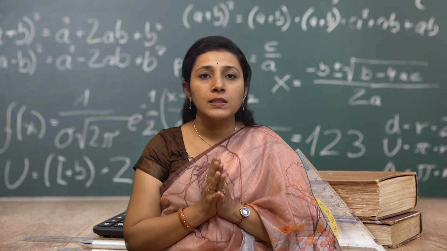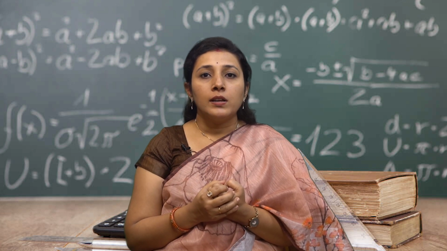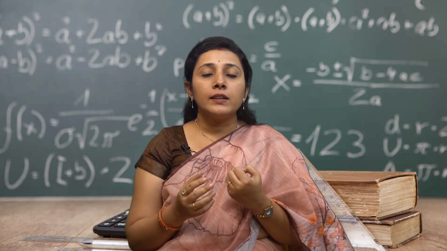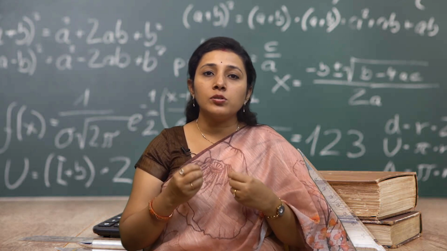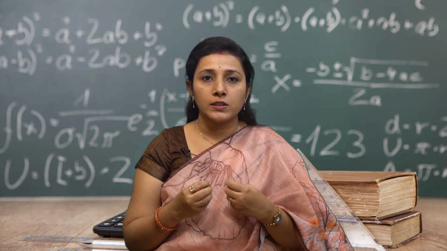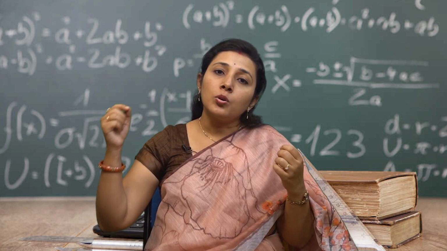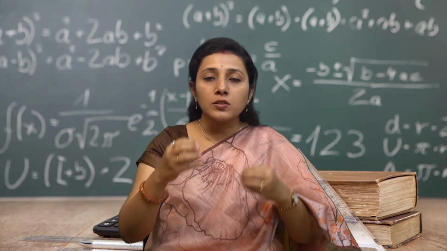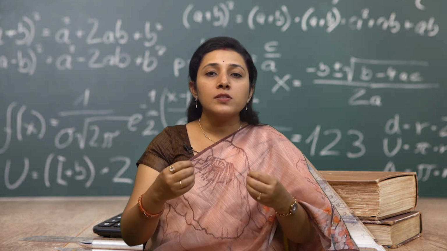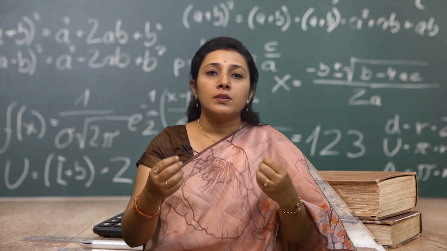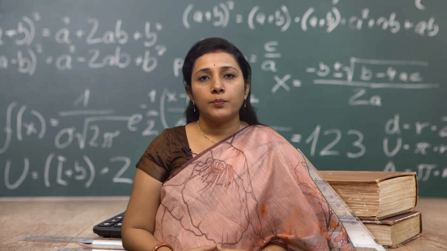So, what happens when we apply a high reverse voltage? This will cause the electrons to be attracted. Hence, the electrons will have very high velocity, and when a high velocity electron collides with the atom, it knocks more electron from the atom and this process continues. Hence, a large amount of current flows in the circuit.